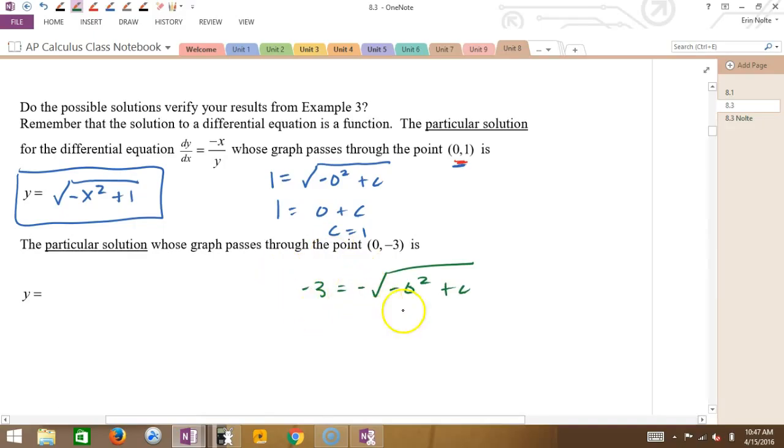So the negative square root of negative 0 squared plus c. To solve this, my negatives cancel on both sides. Then to get rid of the square root, I square both sides. So I get 9 equals 0 plus c, so we all agree that the c value is 9. There we go. So my equation is going to be negative x squared plus 9.